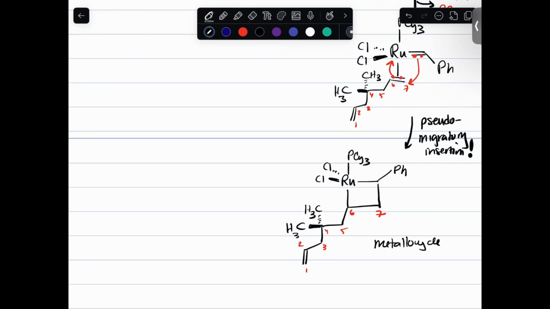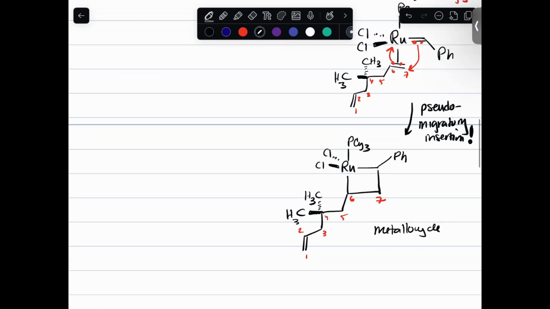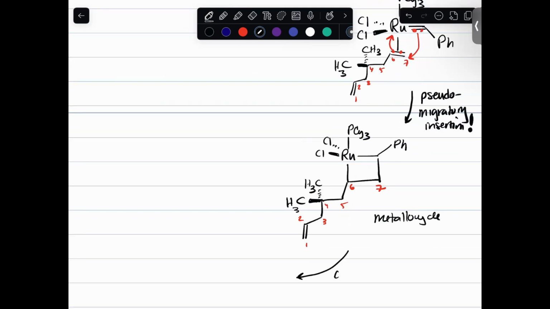Once it does its pseudo-migratory insertion, it collapses, because the 4-membered ring is strained. And not only is it strained, but now the ruthenium is part of the skeletal chain once it collapses.